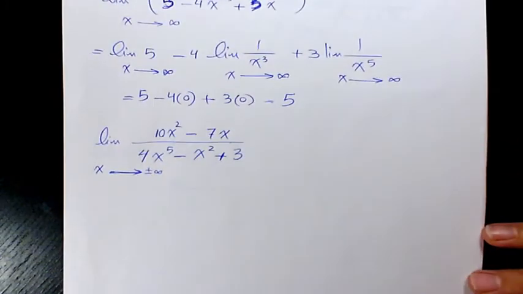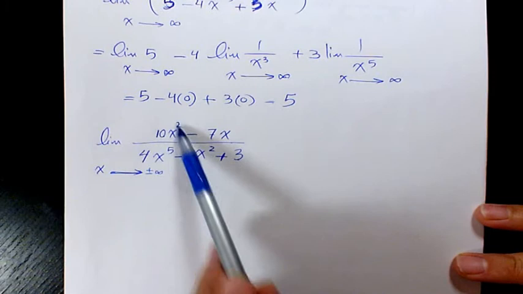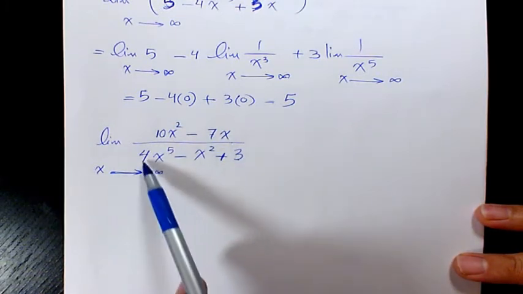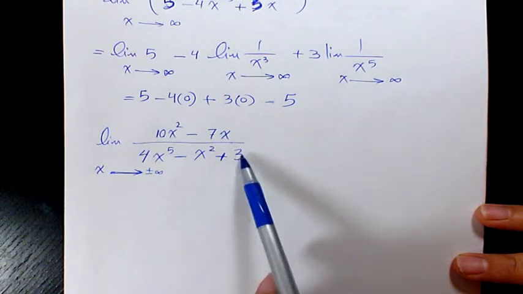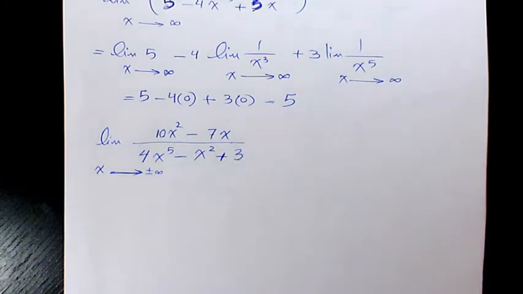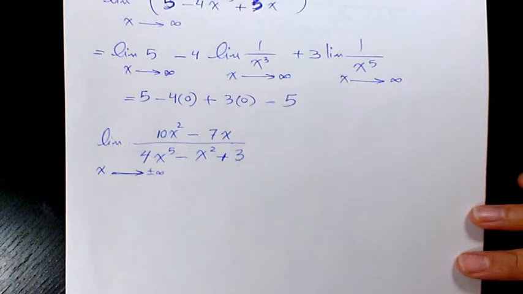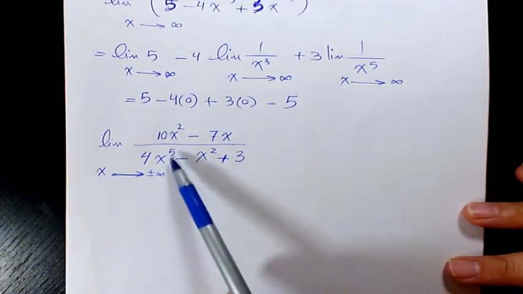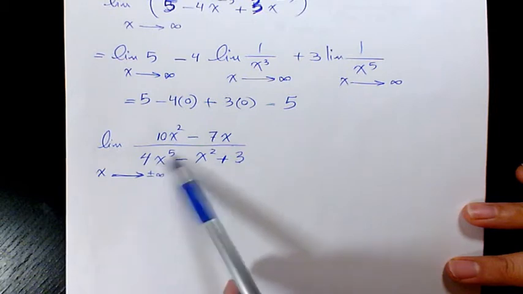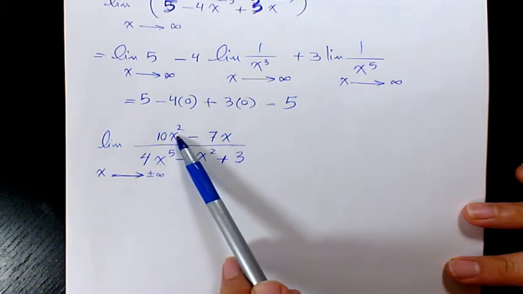Next example is limit of 10x squared minus 7x over 4x to the power of 5 minus x squared plus 3 when x is approaching positive infinity or negative infinity. In this example, what we need to do, the largest exponent of the denominator is x to the power of 5 and the numerator is x to the power of 2.